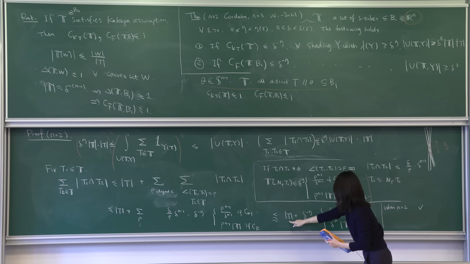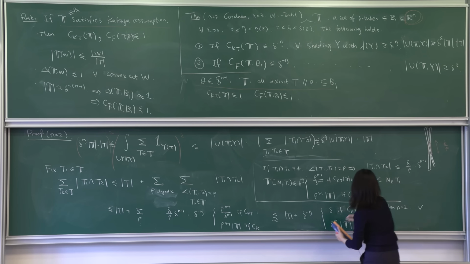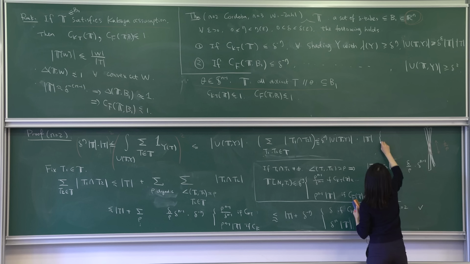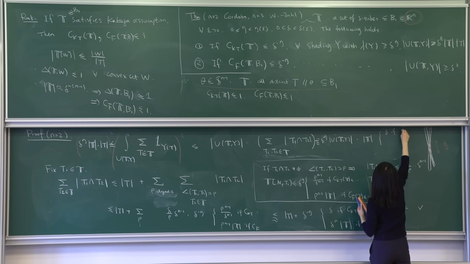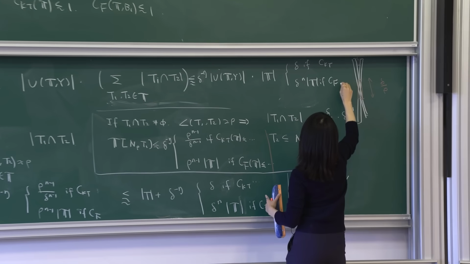And this is always smaller, because this is delta to the n, so times delta if Katz tau, delta to the n times t if Frostman.